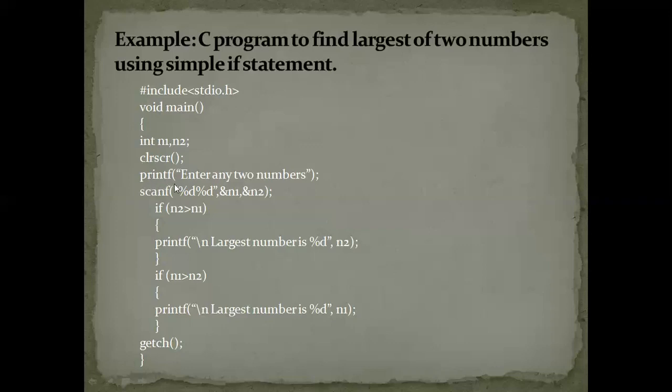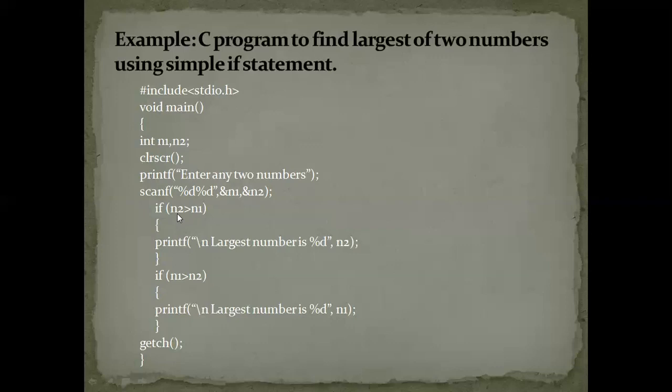Next is enter any two numbers. I need to read the two numbers. For that I have the scanf statement, with ampersand n1 and ampersand n2. It will read two numbers from the keyboard. This is the important part here. If n2 is greater than n1, which is greater here?